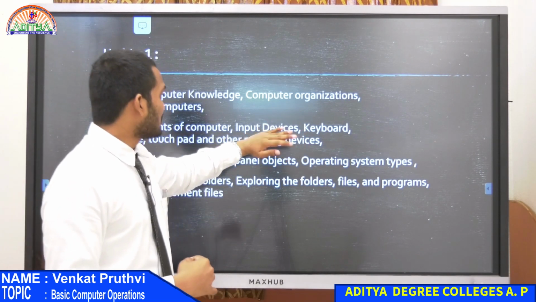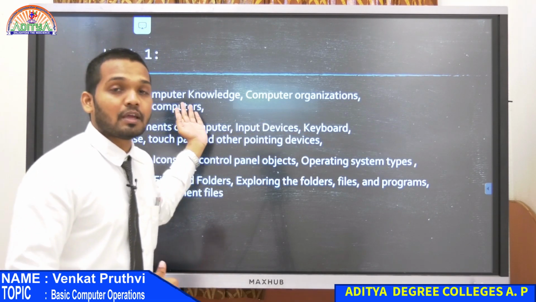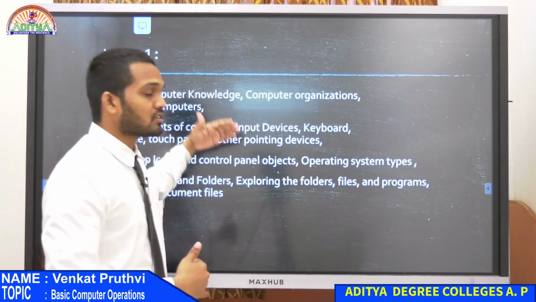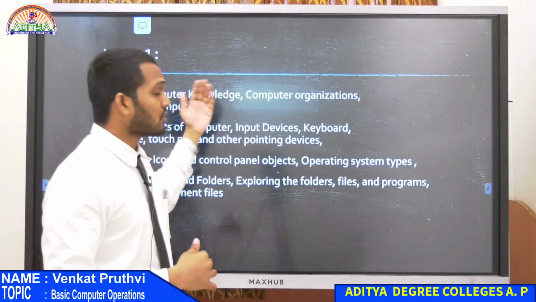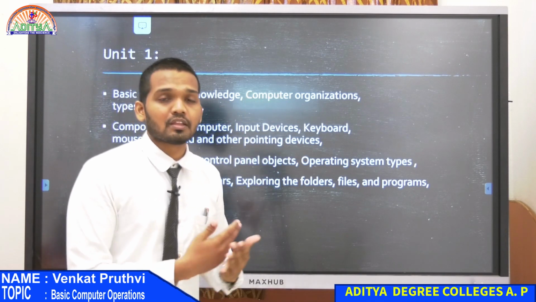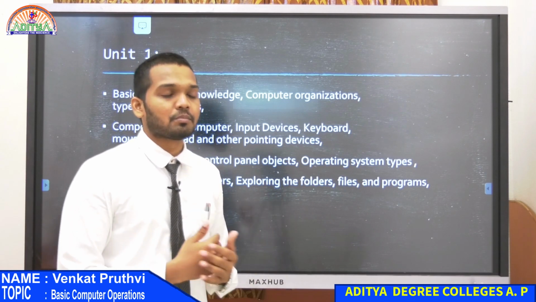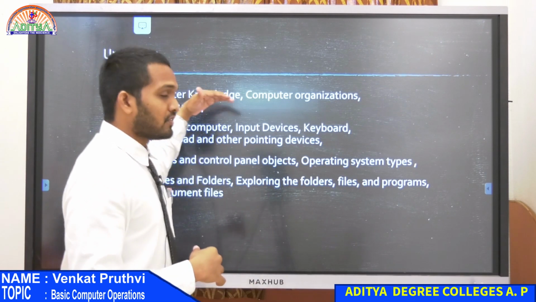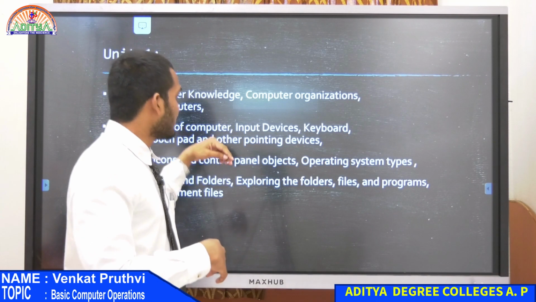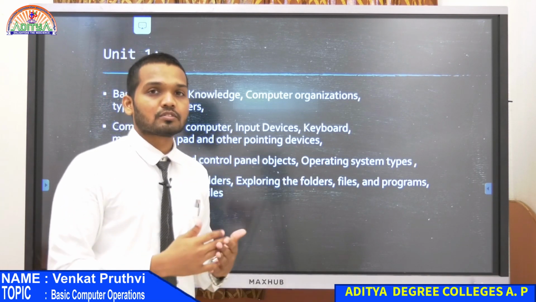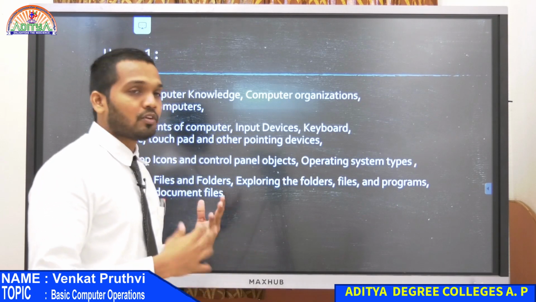Once we complete input output devices, then I'll get back to the types of computers, because if you just go according to the topics given one after the other, there wouldn't be a sync, or you wouldn't be able to link between the different topics. So it's better if we start from the first thing, shuffle in between, and revise all the topics inside unit 1. That is how we are going to do it.